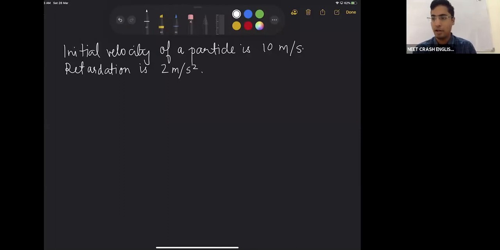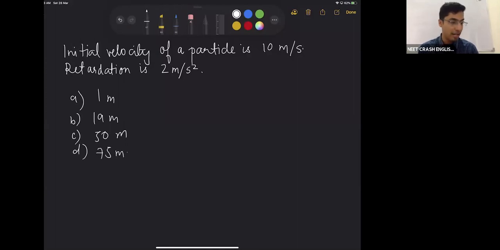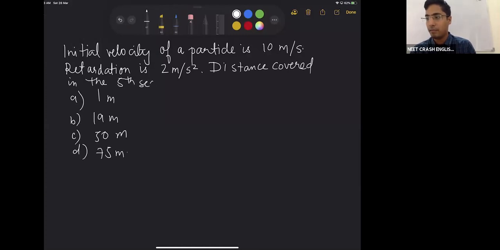I'm going to first give the options, then give you the question, because otherwise you just shout out the answers. 1 meter, 19 meters, 50 meters, and 75 meters. The question is, distance covered in the 5th second of motion is, again, you know what formula to use because I've said 5th second. So consider the correct formula and tell me the answer.